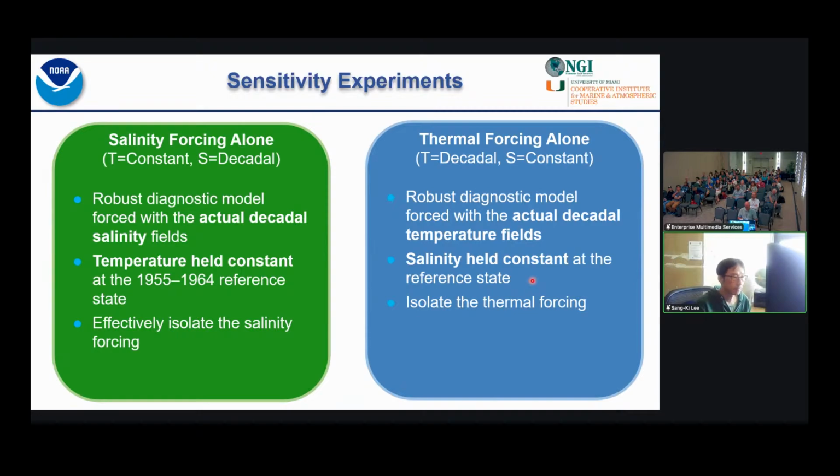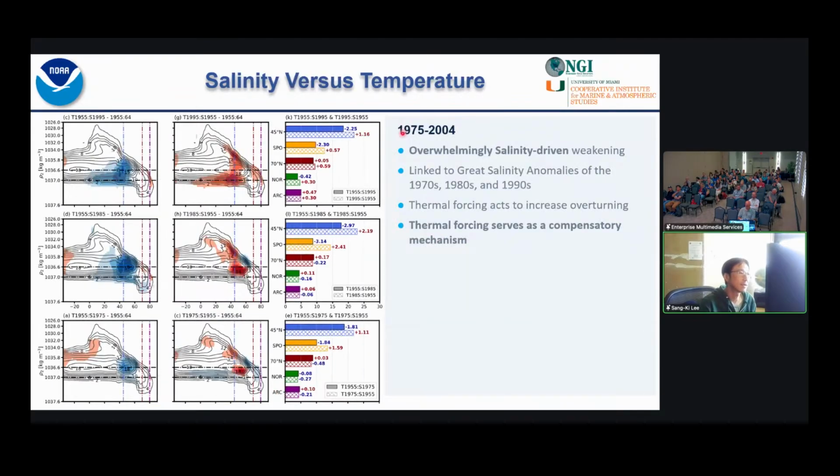So let me give you a brief summary of that. For the period of 1975 to 2004, time goes in this direction. The left panel is for the salinity effect, the middle panel is for the temperature impact, and the right panel is for the quantification.